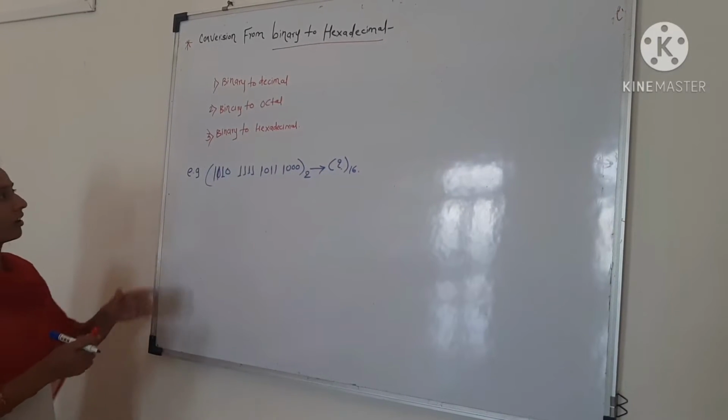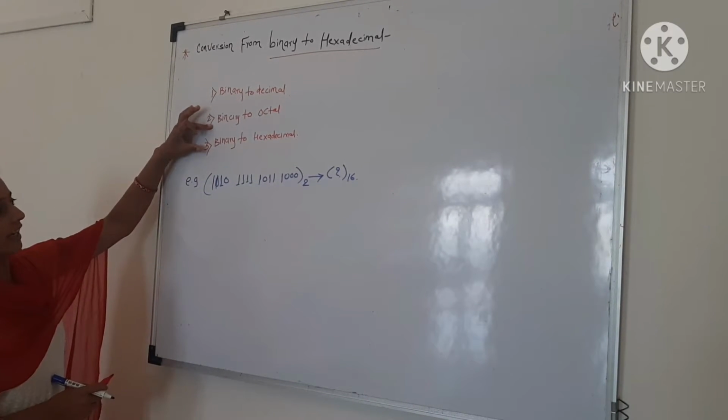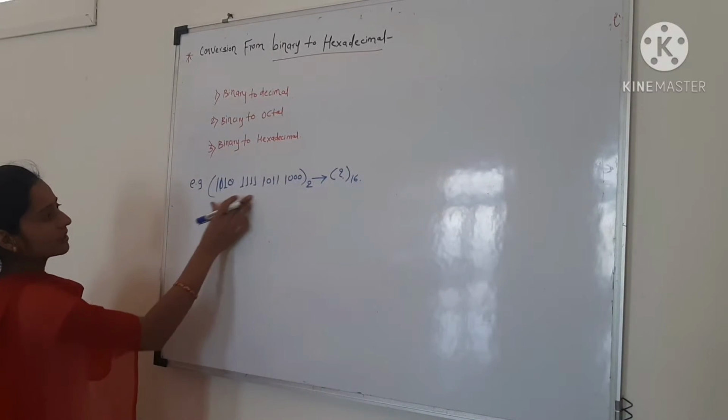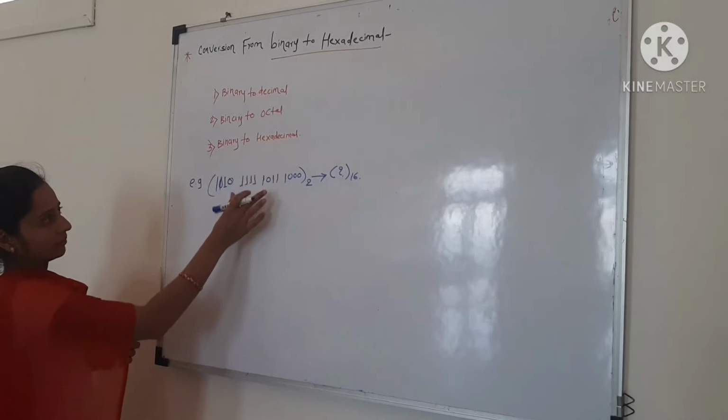So what was the first step in binary to octal? We have seen that we have to do the grouping of the binary number into 3 bits in the case of the octal number system.